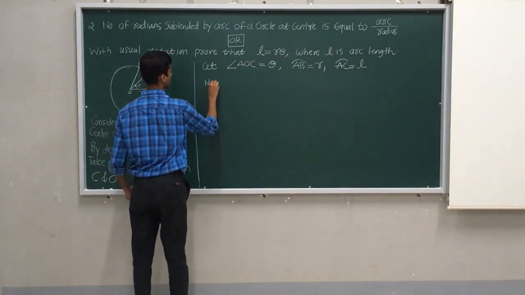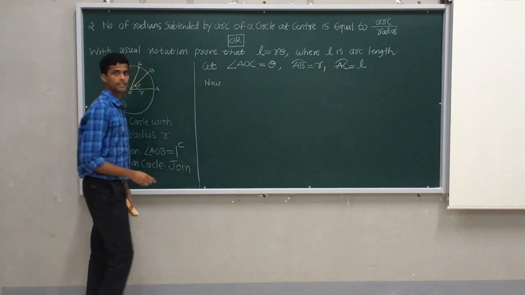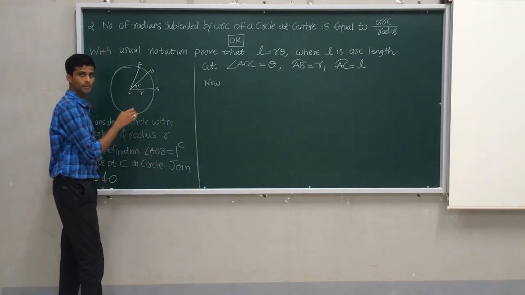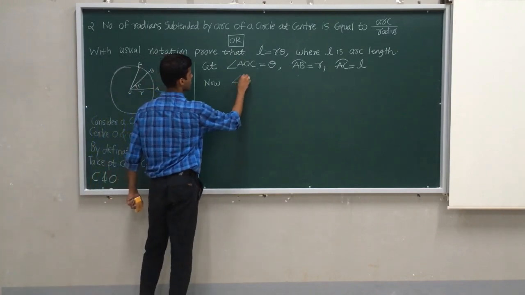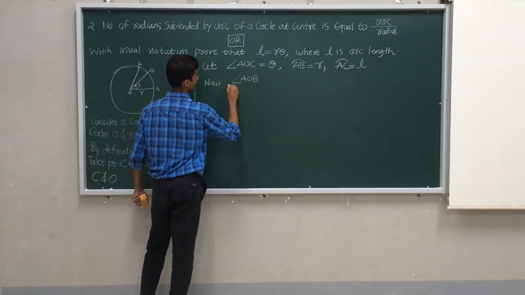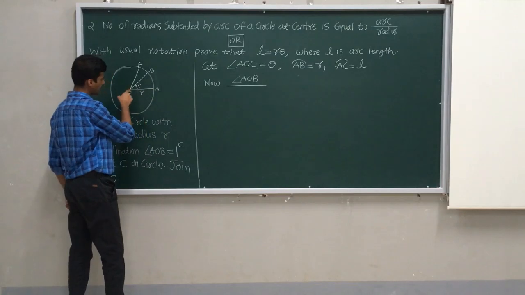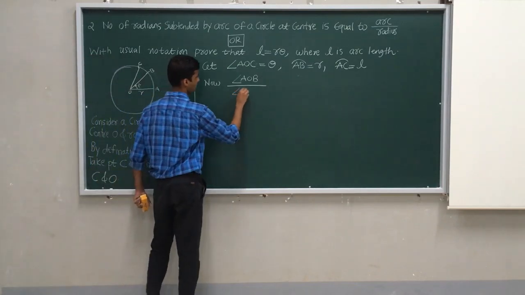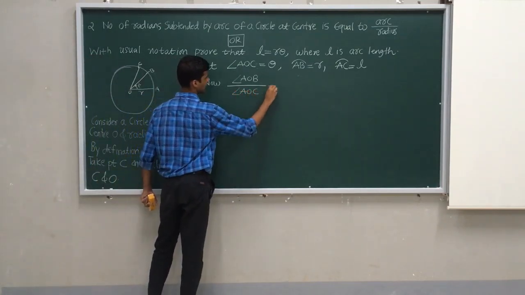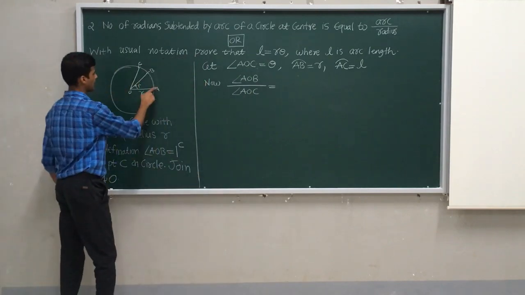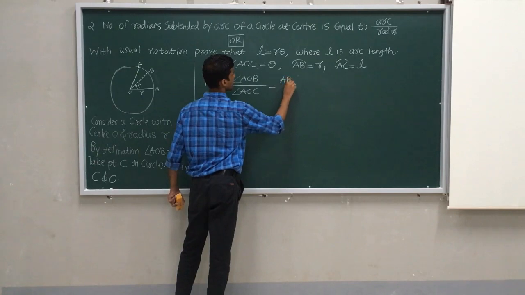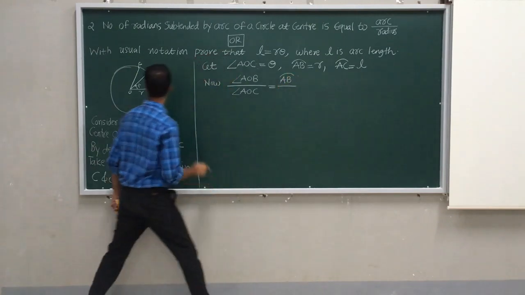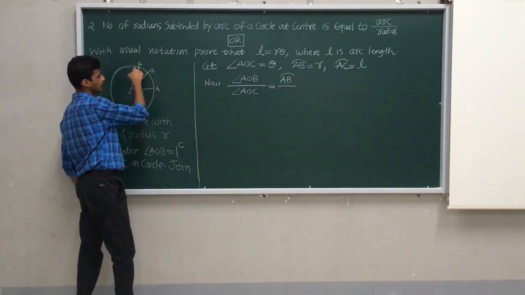Now I will use the concept of lower classes. Angle AOB divided by angle AOC is equal to arc AB by arc AC.